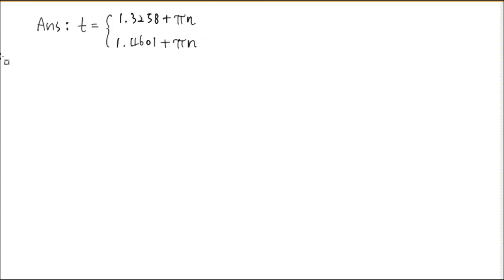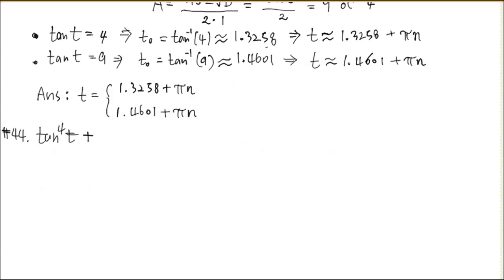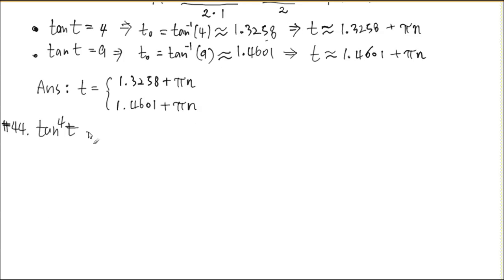Problem number 44 was actually solving tangent to the 4th power t minus 13 tangent squared t plus 36 equals 0. Before it was a tangent squared and tangent. This time it's a tangent to the 4th and tangent squared.